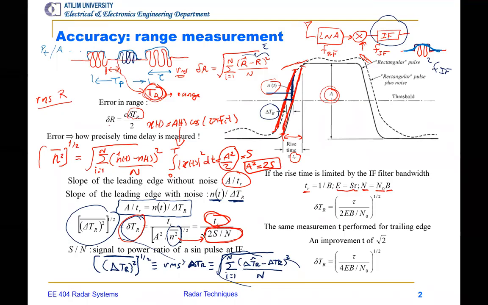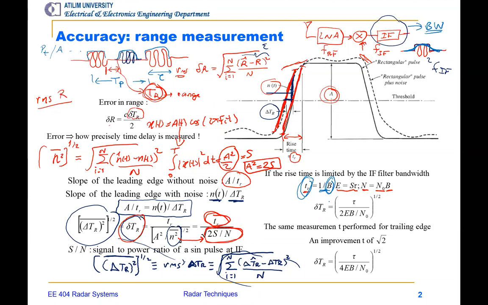Since we do not have an infinite bandwidth filter, we always have some kind of distortion or smoothing on the pulse. And the bandwidth of this IF filter will be determined by the rise time, actually. The inverse of the rise time will give us the bandwidth of this filter. So here B is inversely proportional to the rise time, and it's related to the bandwidth of the filter.